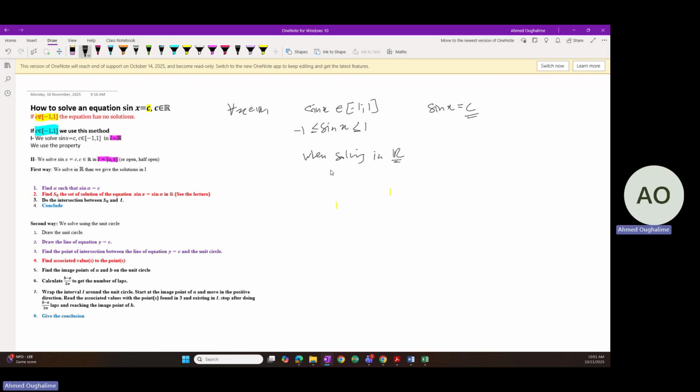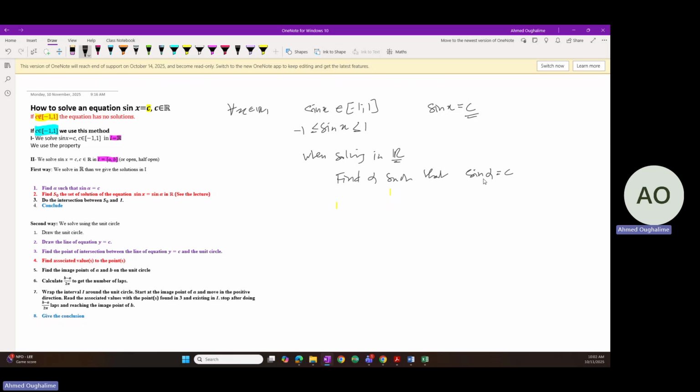we have just to find alpha such that sin alpha equal to c. So it depends on the number c, if you have some special values or not.